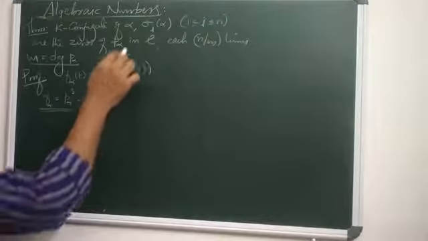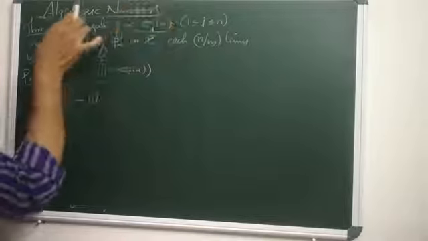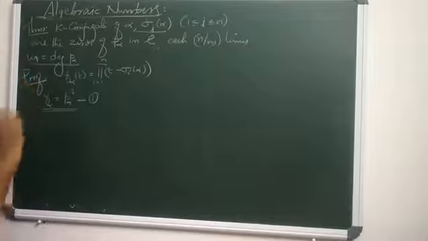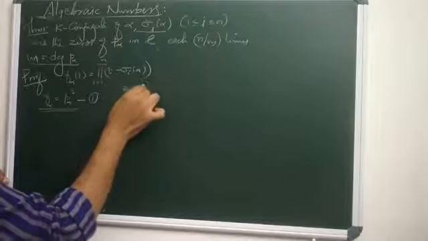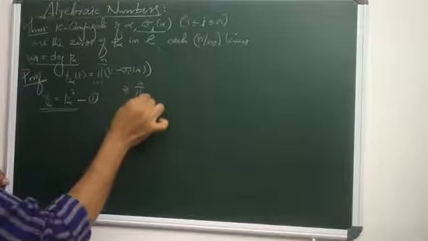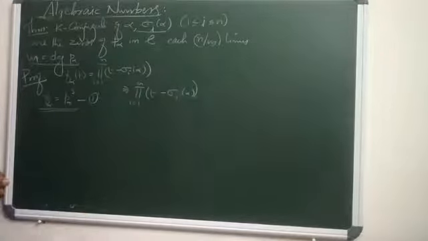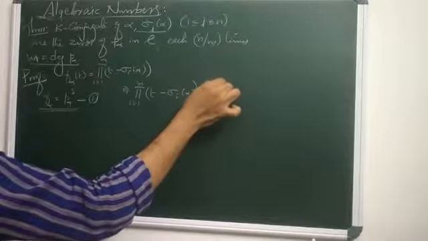So, what is sigma I alpha? According to the hypothesis, sigma I alpha are the zeros of p alpha. Sigma I alpha are the k conjugate of alpha, which are the zeros of p alpha. So that means this product I ranges from 1 to n of t minus sigma I alpha equals p alpha power s of t.